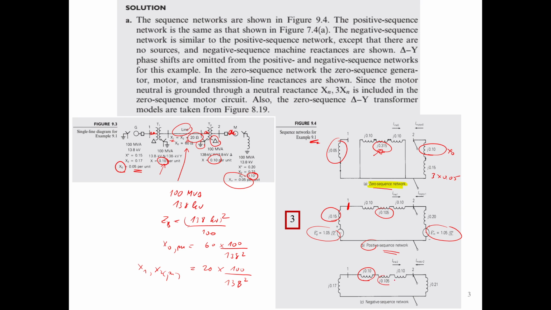So you also have 0.105 per unit. And the transformer is the same in this case. But the problem says that the internal EMF of all the machines are at 1.05.